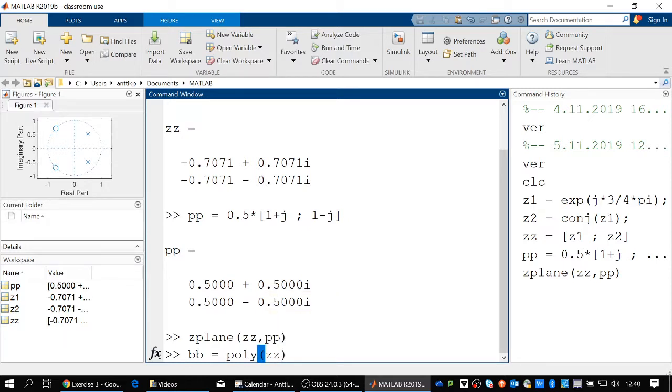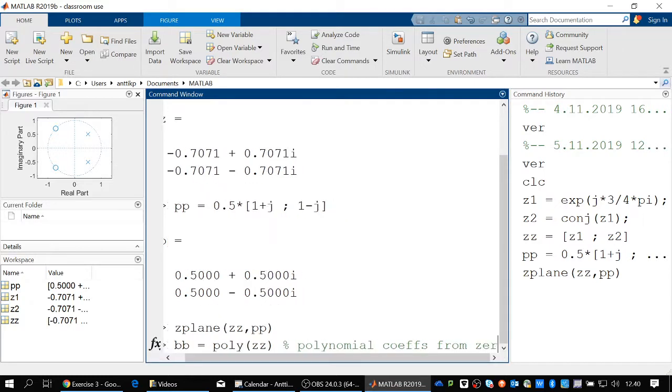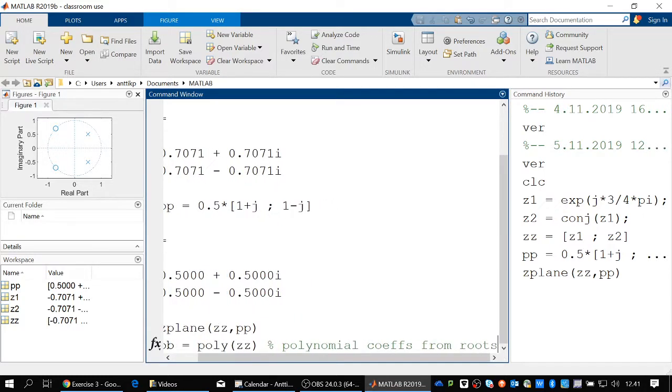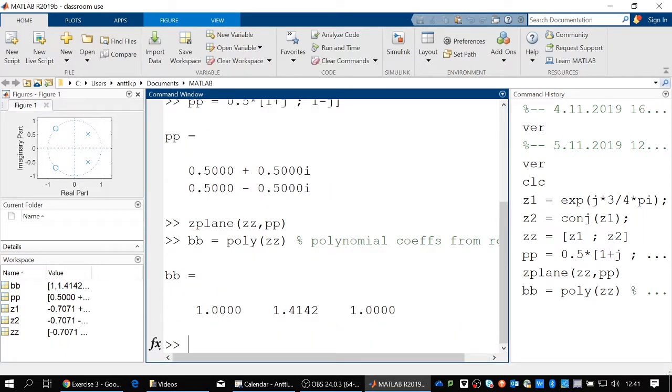So poly of a variable gives the polynomial coefficients from zeros, or roots. Yeah, that's the roots. Okay, so those are the polynomial coefficients for the B.